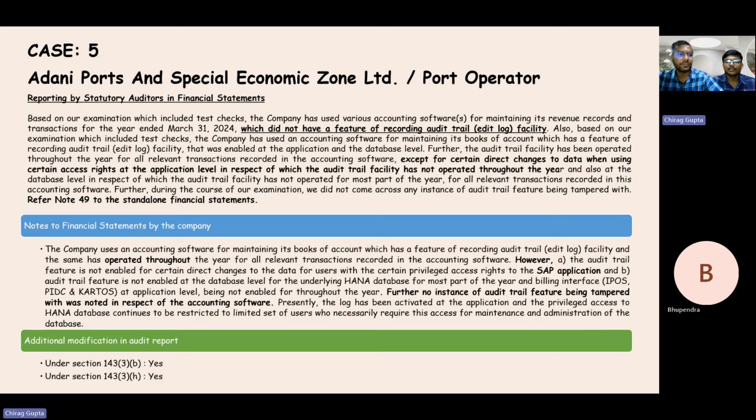and hence in the reporting section, which we can see just above the note, the auditor has given a reference to this note, which is provided by Adani Port in its financial statements.